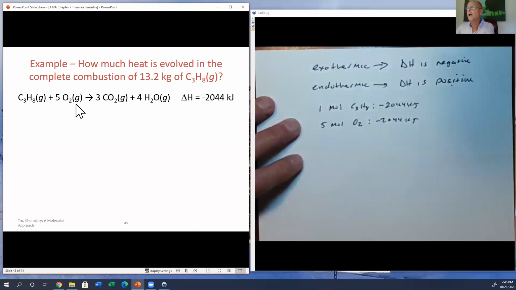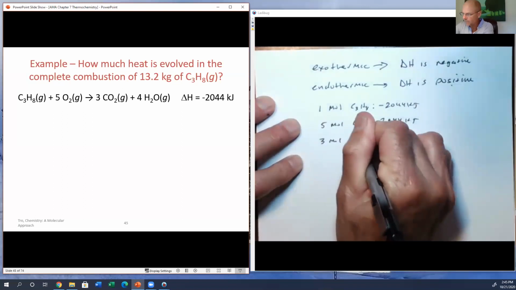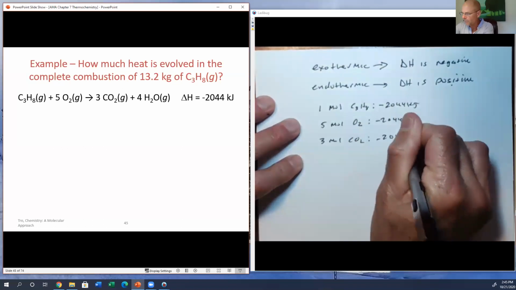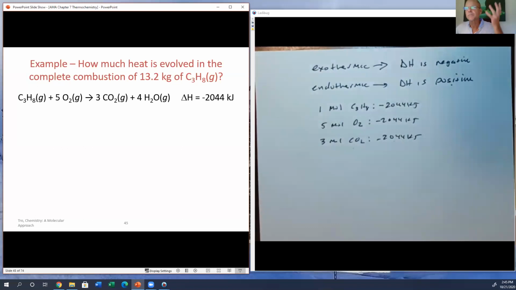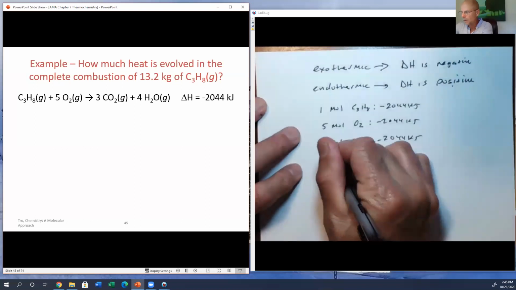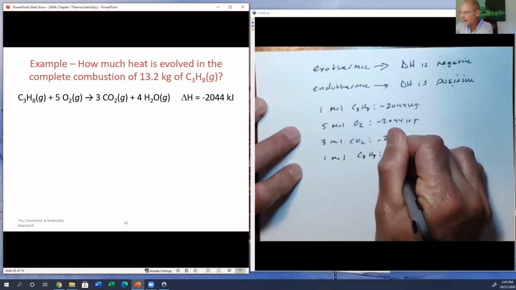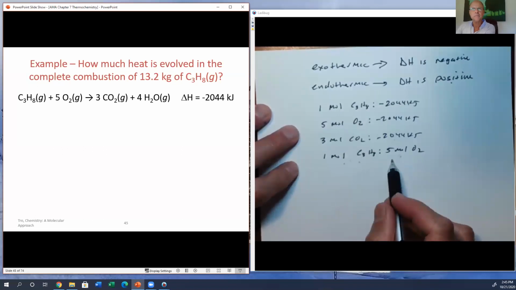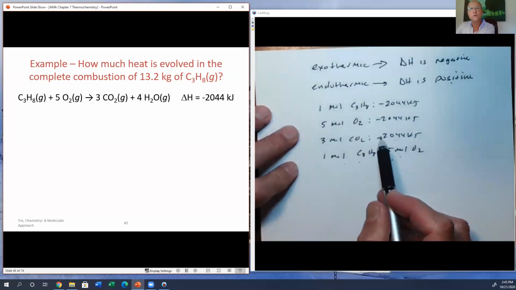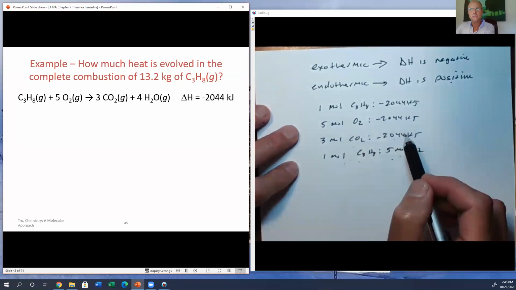Or let's say you want to know how much heat is evolved per amount of CO2, right? Well, it'd be 3 moles of CO2 for every negative 2044 kilojoules, right? So this becomes a stoichiometric relationship, just like 1 mole of C3H8 is proportional to 5 moles of oxygen, right? We've used these stoichiometric relationships all the time. This is just a new set of stoichiometric relationships that involve reactants and energy, okay?